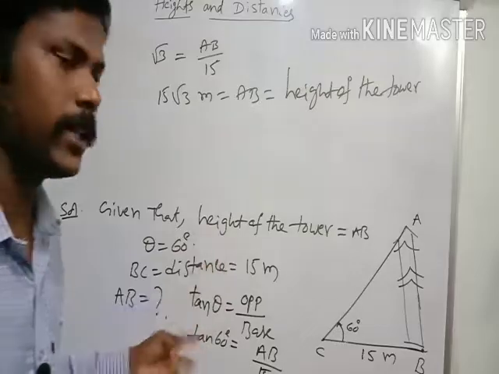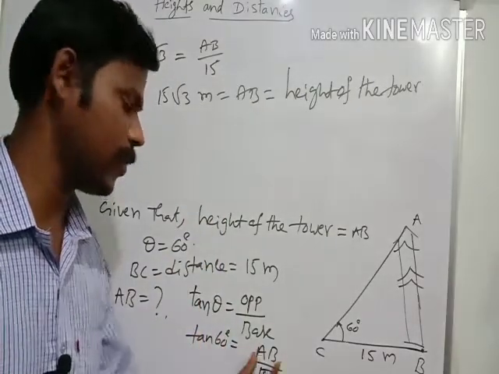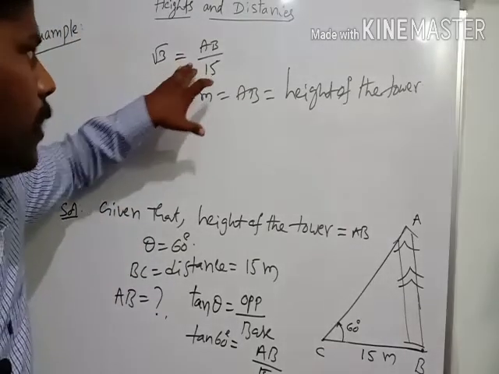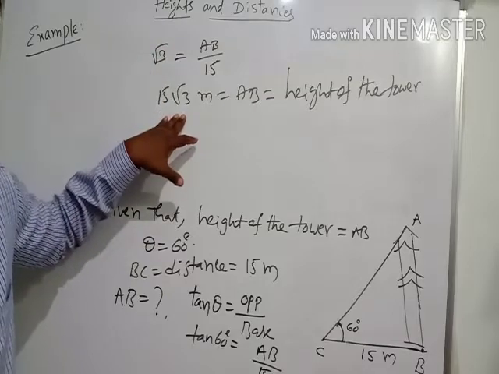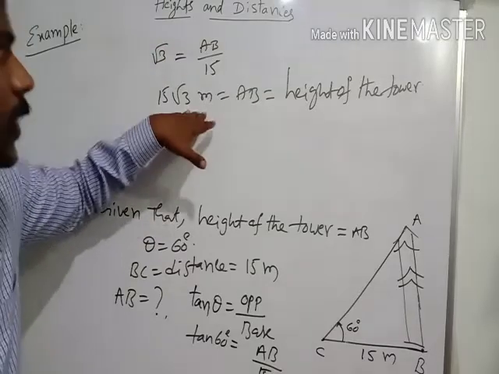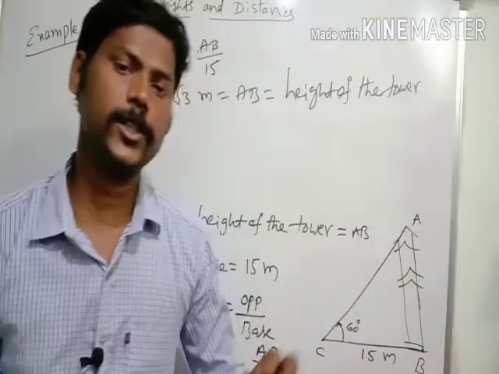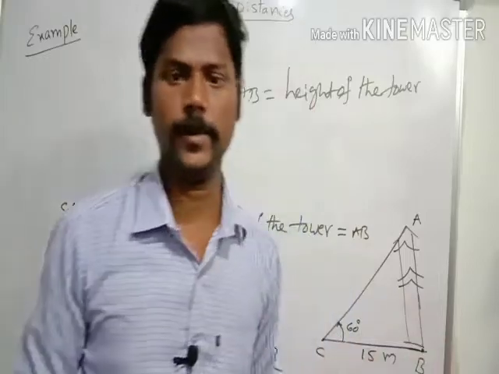I applied all the values in tan theta. So tan 60 is equal to AB by 15. Tan 60 means what? Root 3. Root 3 equals AB by 15. So cross multiply, 15 into root 3. That is 15 root 3 meters equals AB. AB is nothing but the height of the tower. Do you understand how to find the height of the tower in this question?